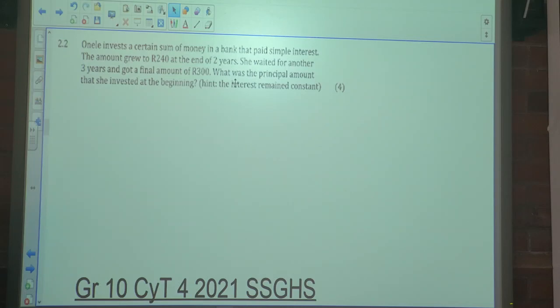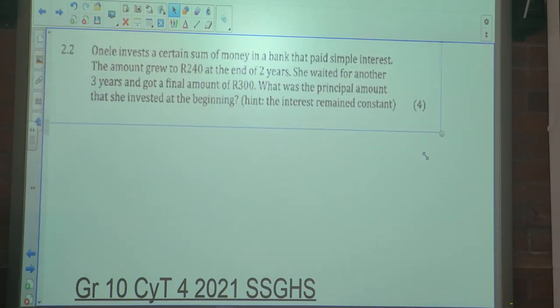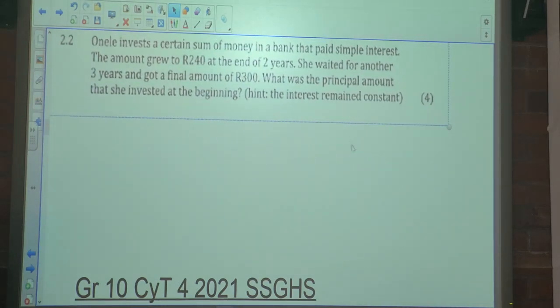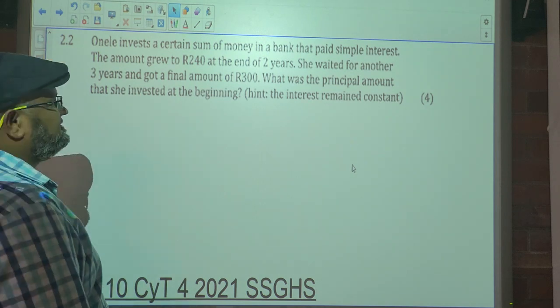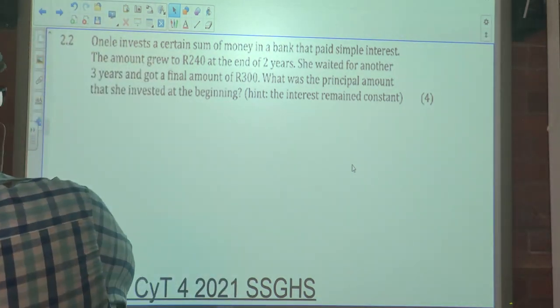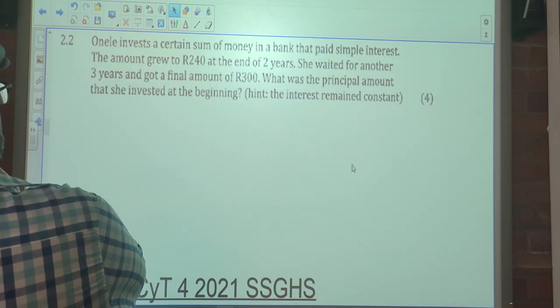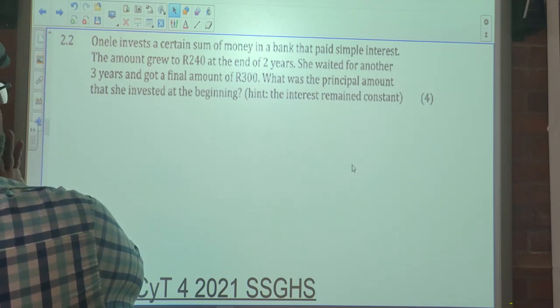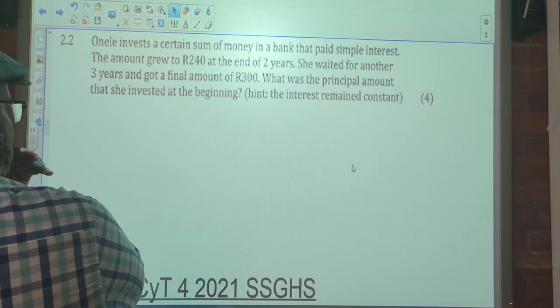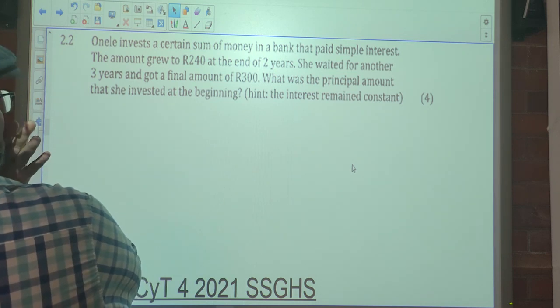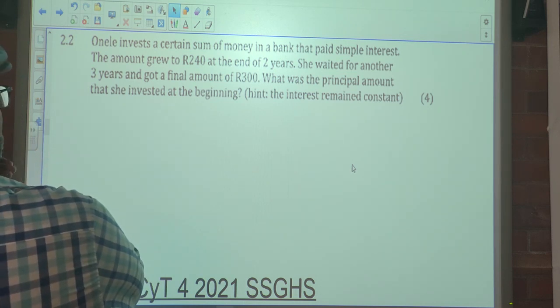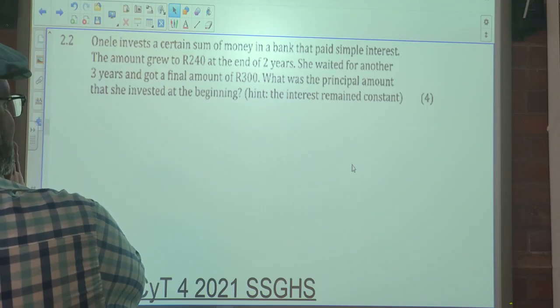Here we are told that Unele invests a certain sum of money in a bank that pays a simple interest rate. The amount grew to 240 rand at the end of 2 years. Then she waited another 3 years and got the final amount of 300 rand.